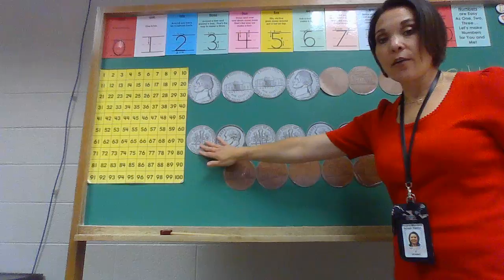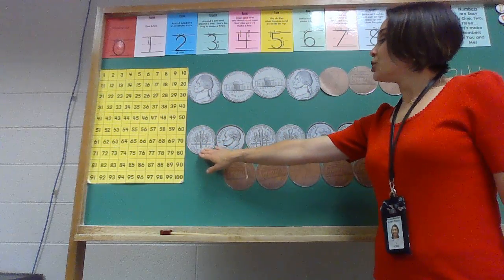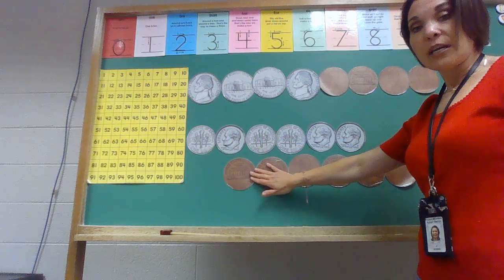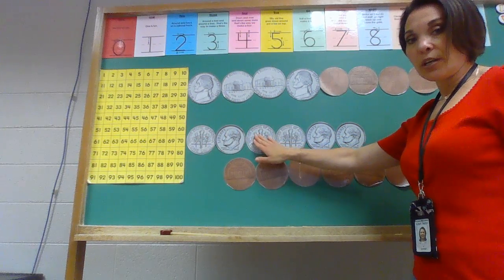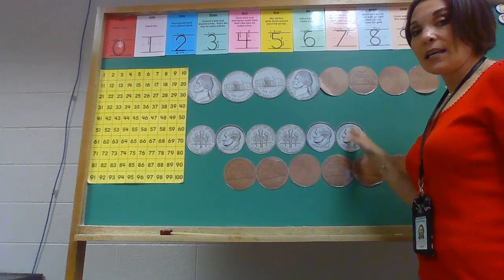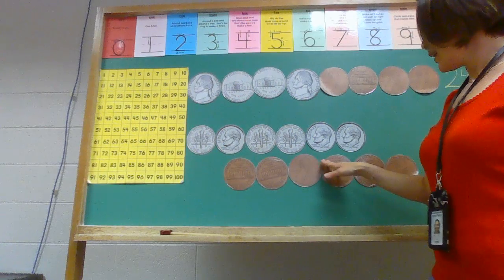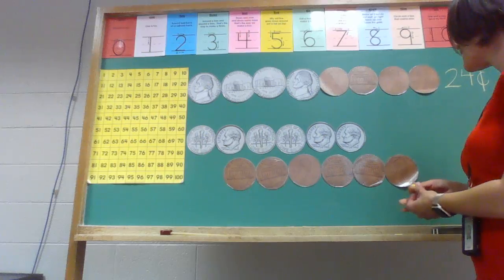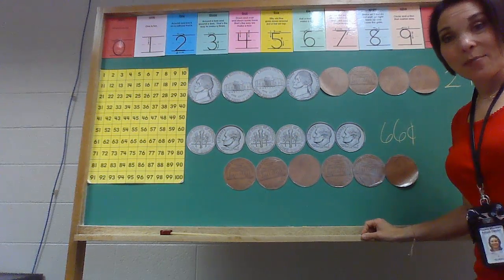Let's go down here. I had to put my pennies underneath. That's okay. Sometimes you just have to do that. So I have skip count by tens and then by ones. So here we go. 10, 20, 30, 40, 50, 60, 61, 62, 63, 64, 65, 66. So we have 66 cents in that combination.